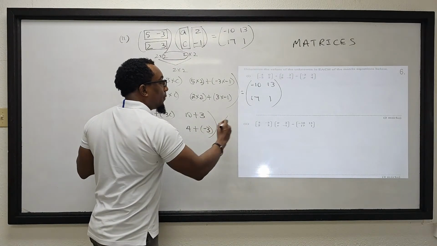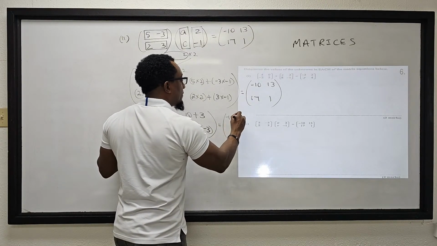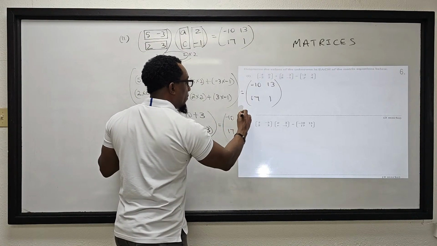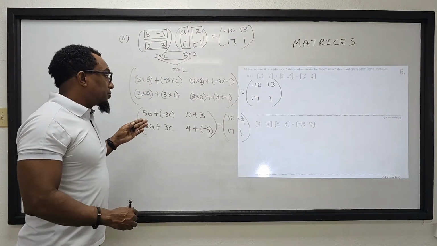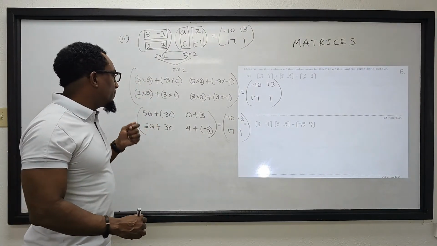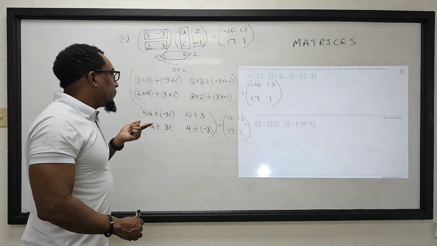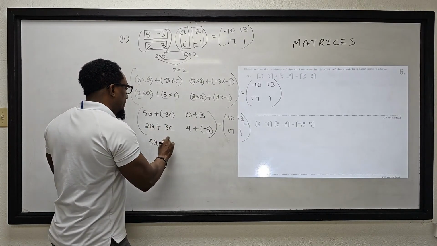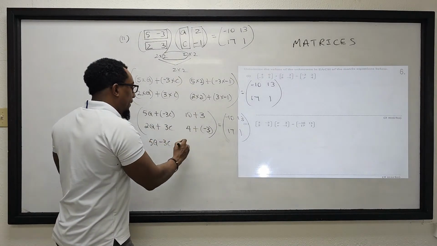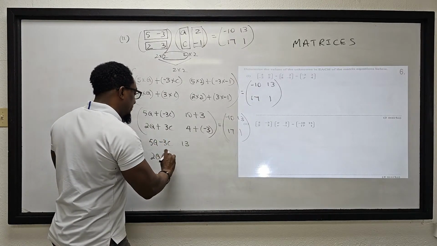Of course, that will be equal to negative 10, 13, 17, 1. So, let's further simplify. It says A plus by a minus is A minus, 5A subtract 3C, 10 plus 3 is 13, 2A plus 3C.